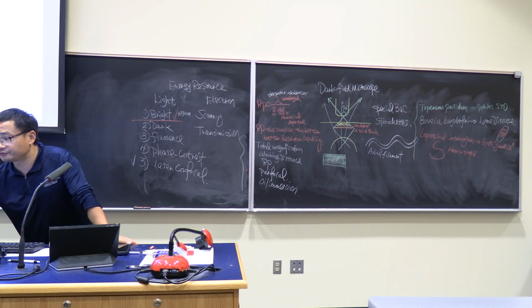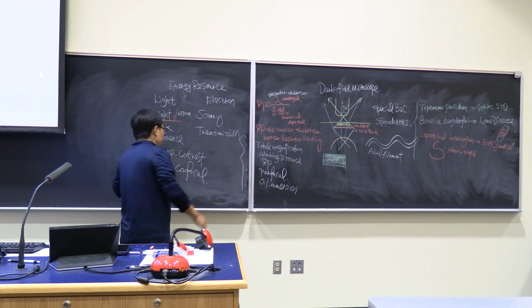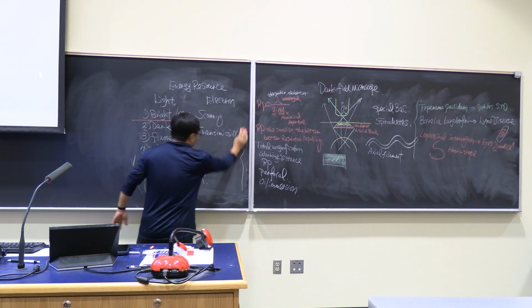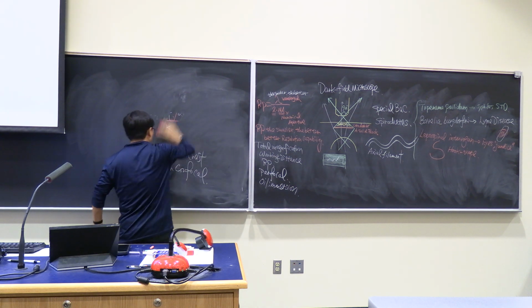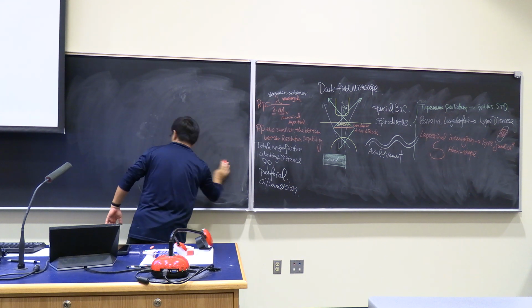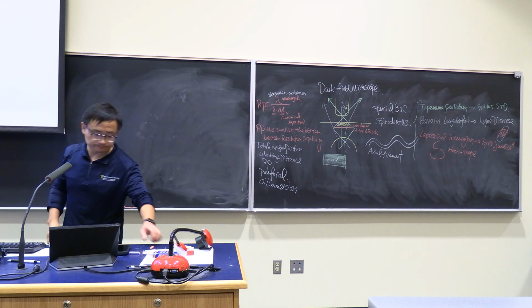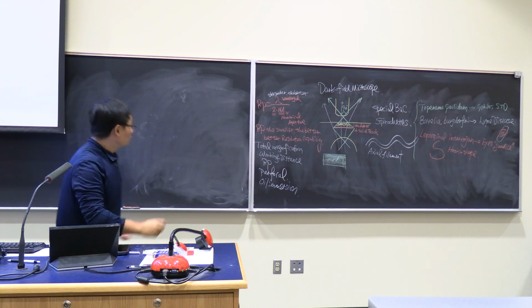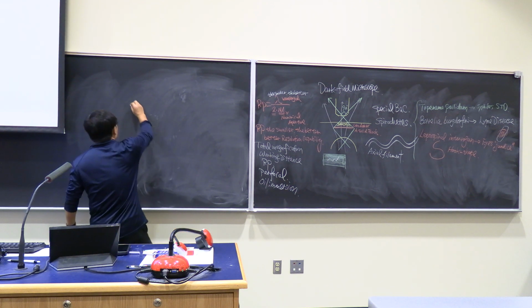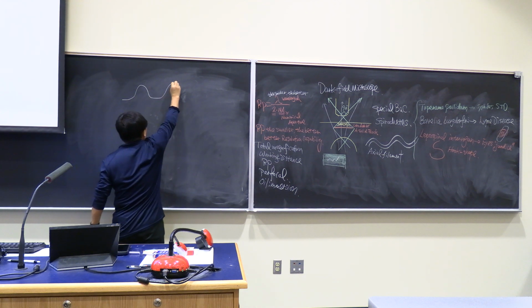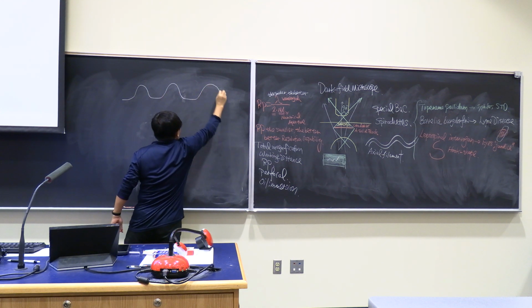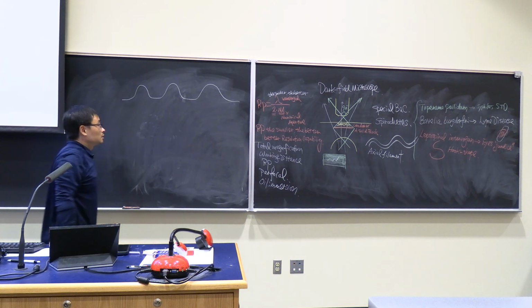Okay, the next one, phase contrast microscope. We will talk a little bit of physics, but not too much. There are 2 things you need to know. The light is going through this, transferred to wavelengths.